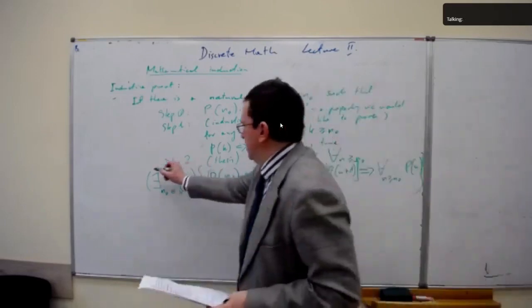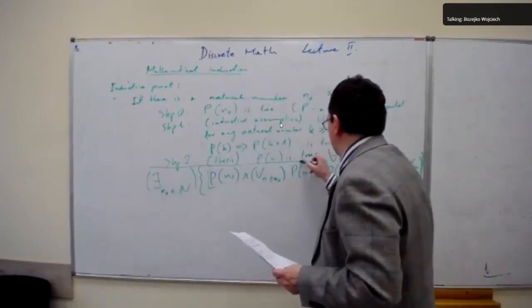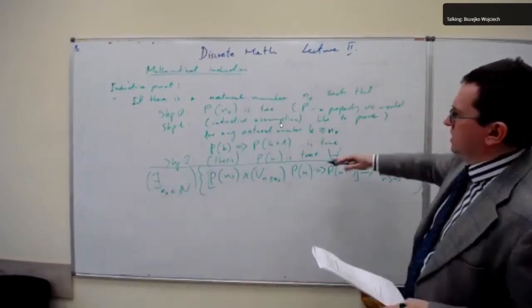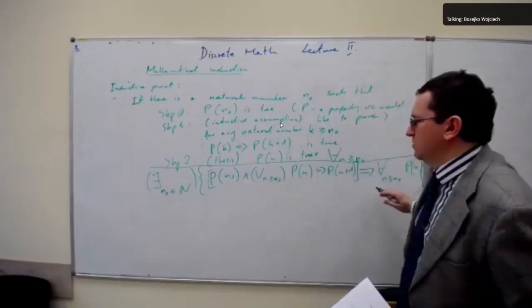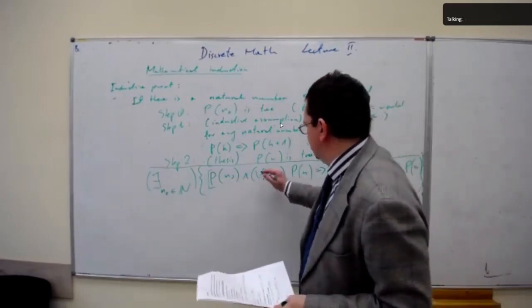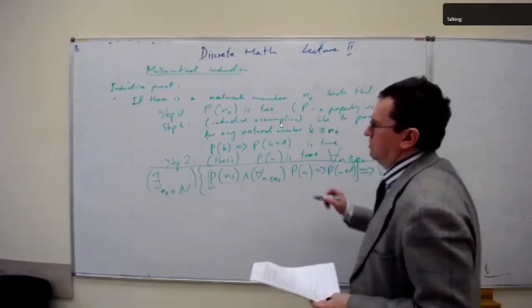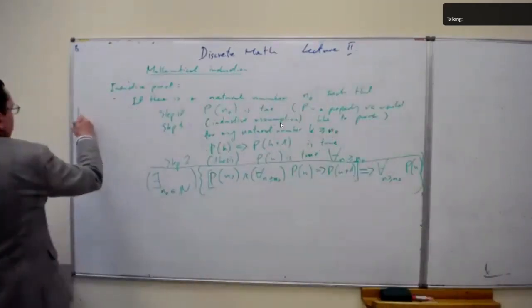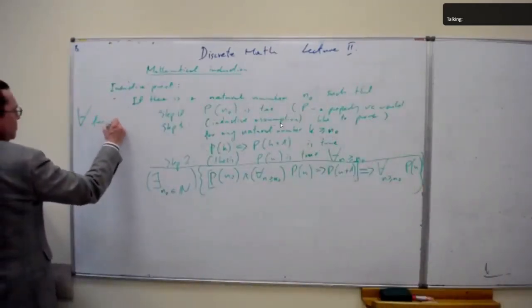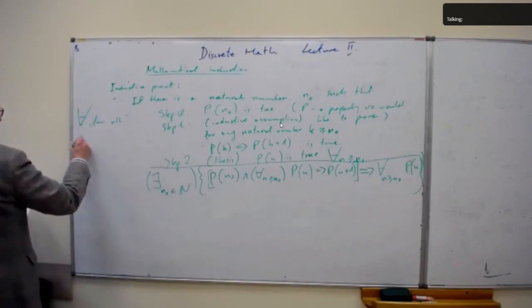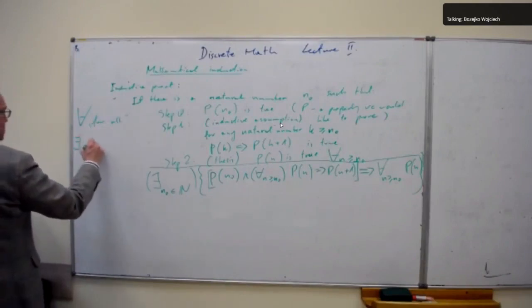So here we have written the same as this. This is the formal way. This is for all. Maybe I'll write it right. This is for all. This is, it exists.